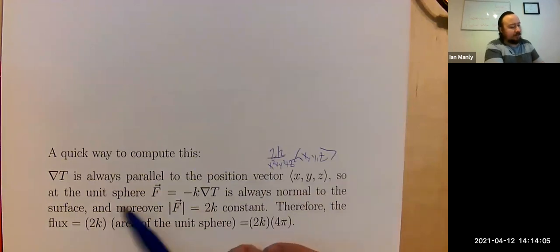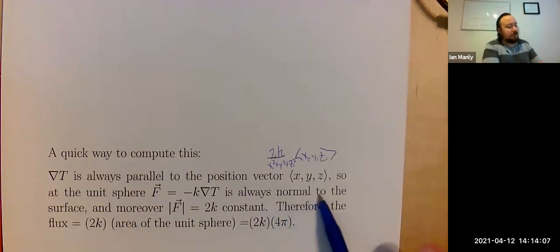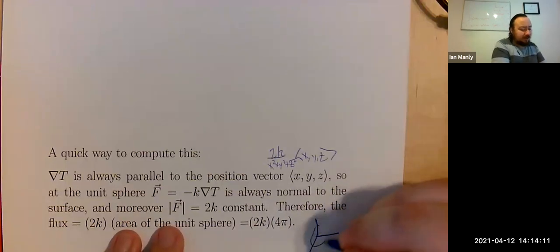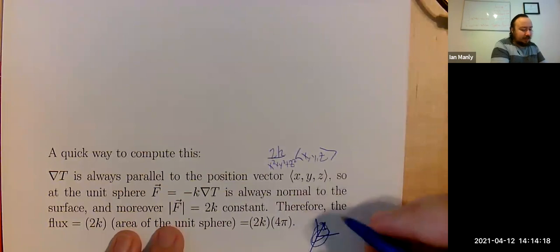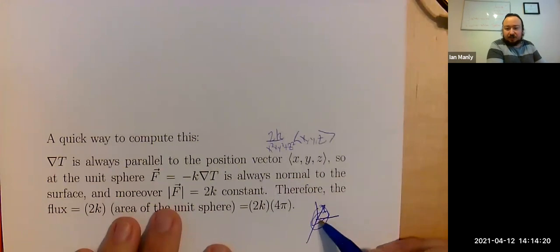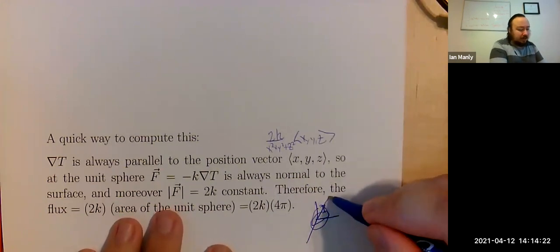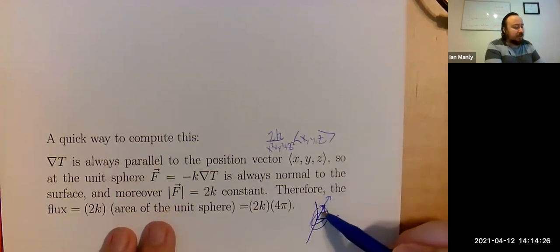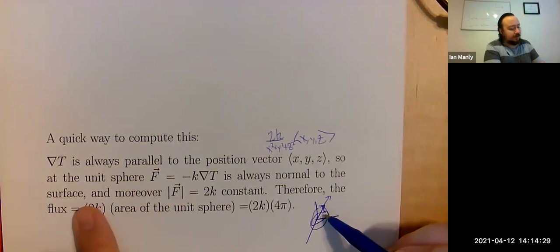So at the surface, at the unit sphere, this is always going to be normal to the surface, because if we draw our sphere, so here's our sphere again, if we draw a position vector pointing to a point on the surface, notice that this vector here, this little arrow, is parallel to the normal vector that we would have here. So this will also be normal to the surface.